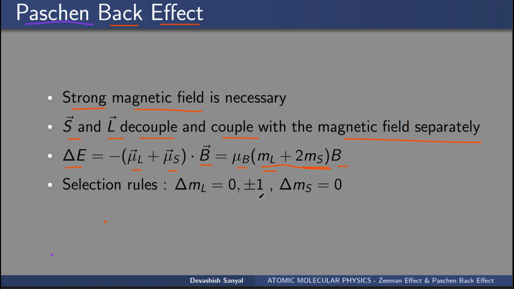Again, the selection rules are delta m_l equal to 0, plus or minus 1, and delta m_s equal to 0.